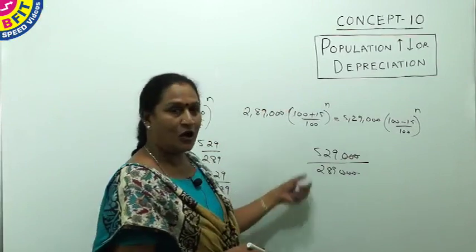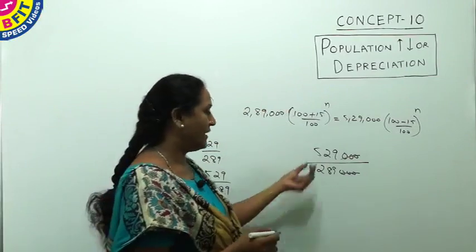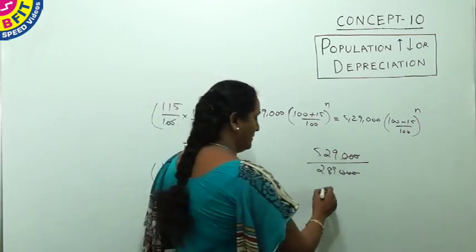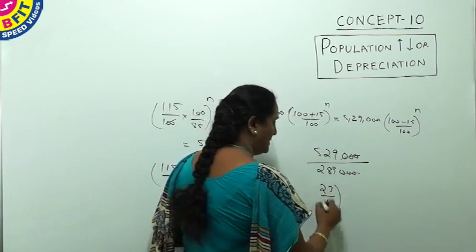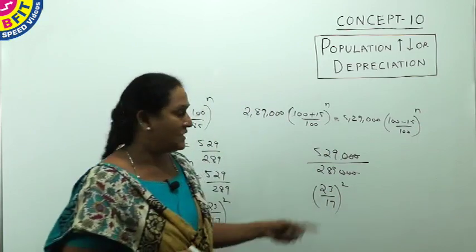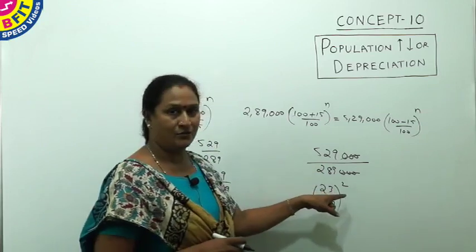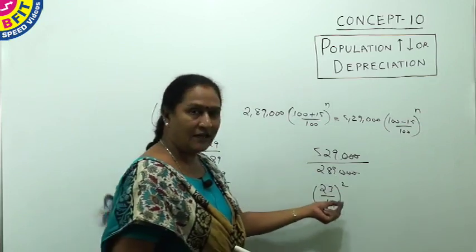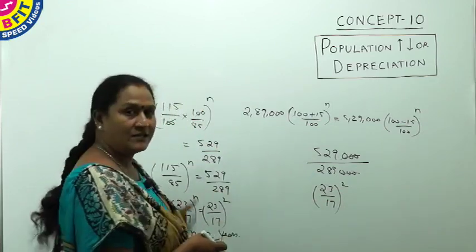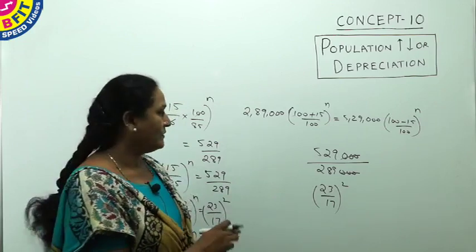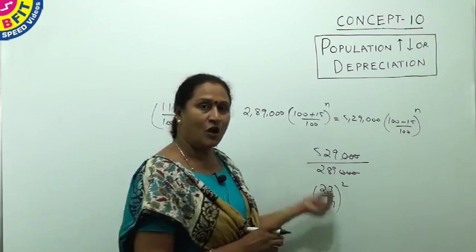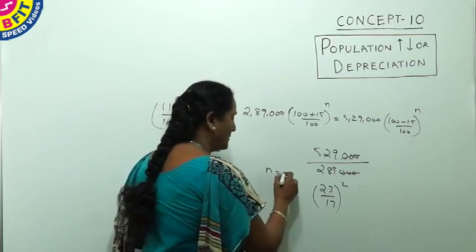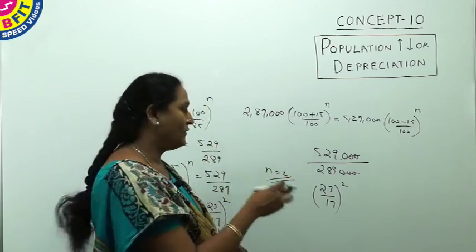You check what the common power of this fraction is. 529 is the square of 23, 289 is the square of 17, and you can write this as 23 by 17 the whole square. So the number of years will be 2, because the common power is 2. After getting this, we can cross check whether we get the same fraction on the left hand side. So with the values itself, choosing the common power which the numerator and the denominator have will give you the number of years. So after 2 years, both the values will be the same.